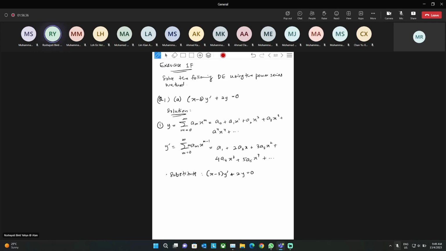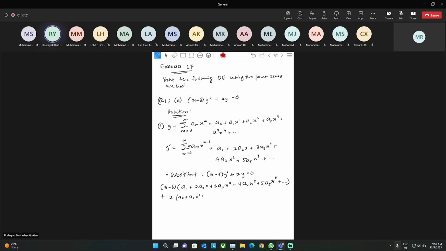So you need to substitute x minus 3 times y prime, which is a1 plus 2a2x plus 3a3x squared plus 4a4x cubed plus 5a5x to the power of 4 plus dot dot dot, plus 2 times y, which is a0 plus a1 x plus a2 x squared plus a3 x cubed plus a4 x to the power of 4 plus a5 x to the power of 5 plus dot dot dot, equal to 0.